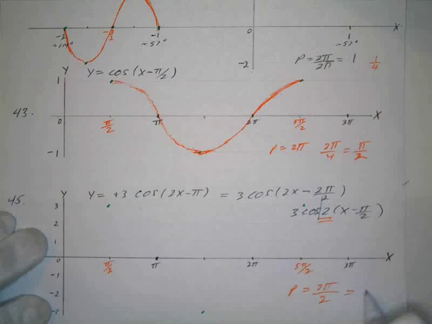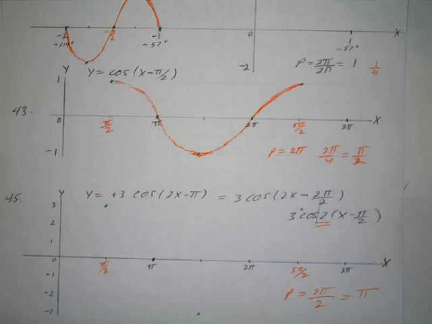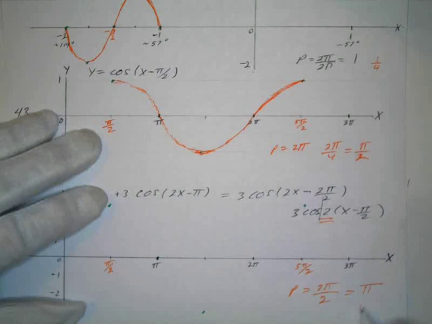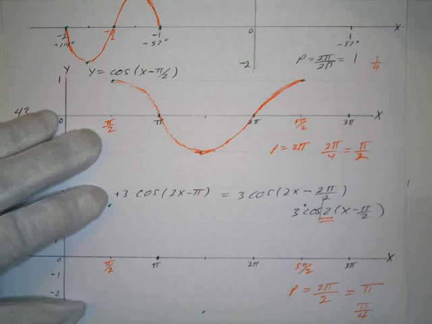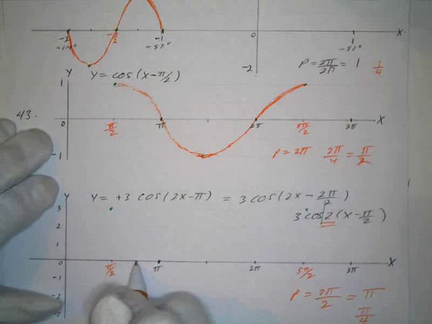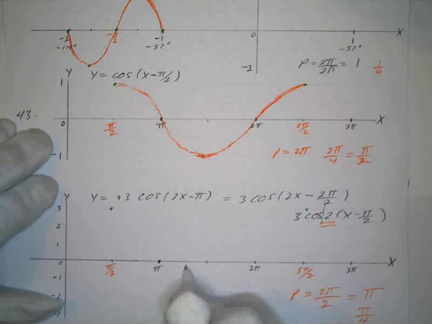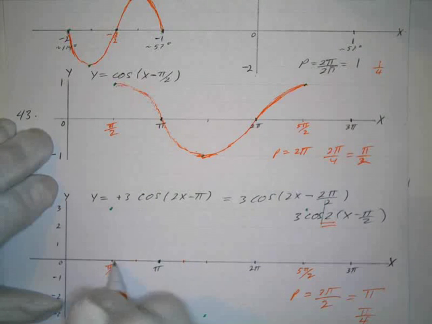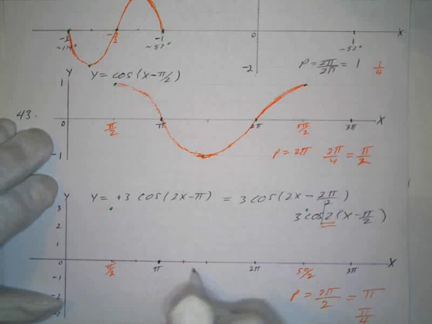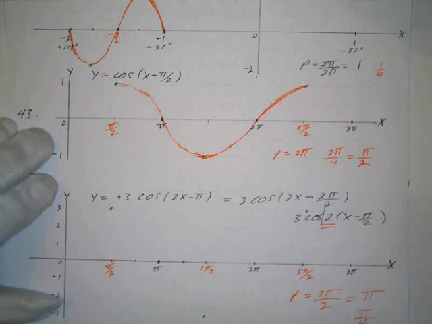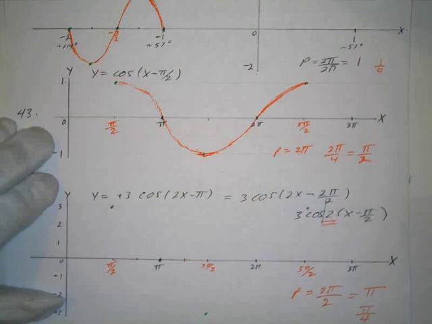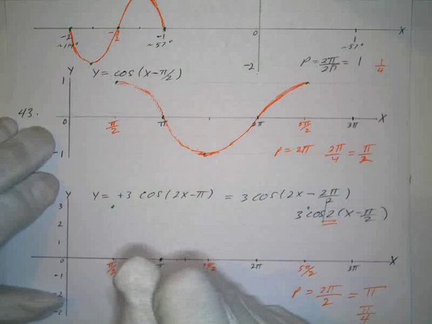B is 2 over 2, so my period is pi. Oh, okay. So pi over 4 is one of the subintervals. So I'll divide these up, and this will be pi over 2 to 3 pi over 2. Sorry about that. So that's actually where I'm going.